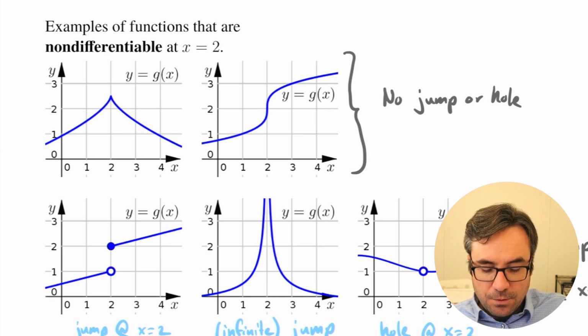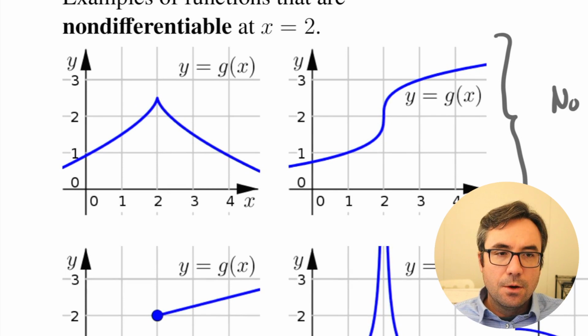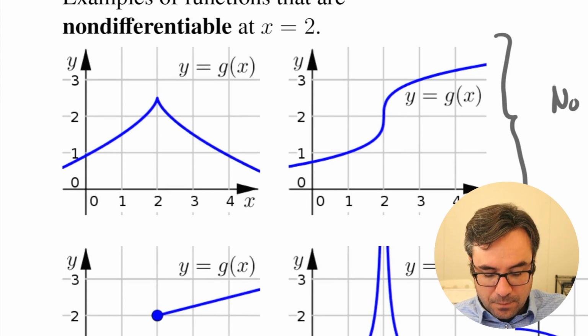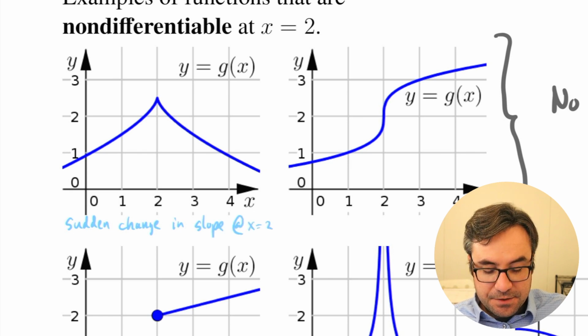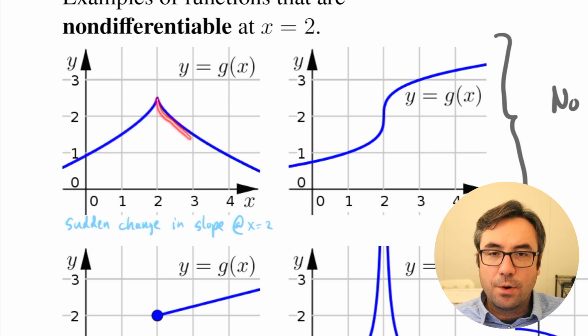So let's look at this first one. What we're seeing here is a really sudden change in the slope right here at x equals 2. And we have this sharp looking point here.